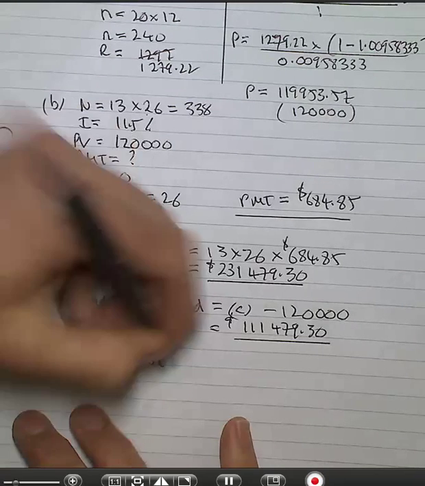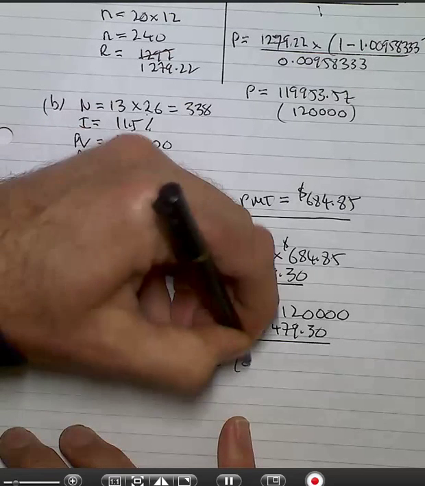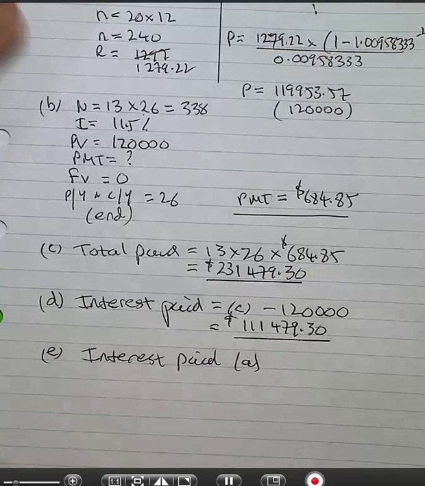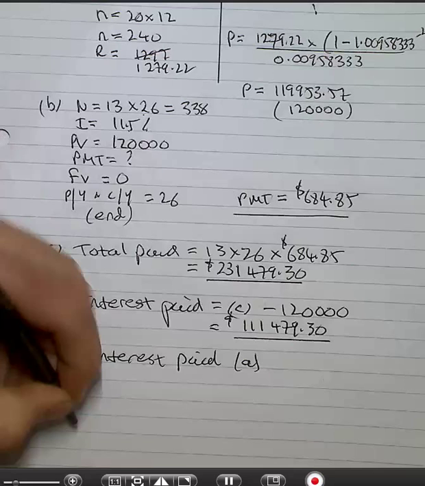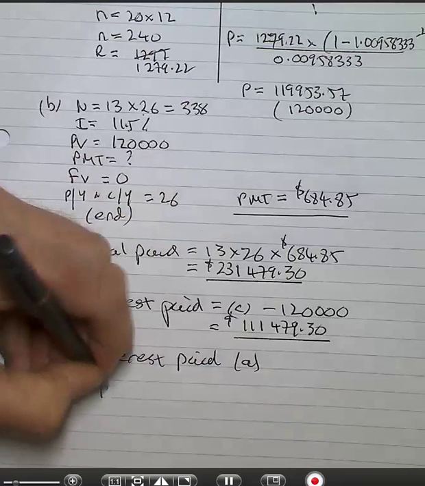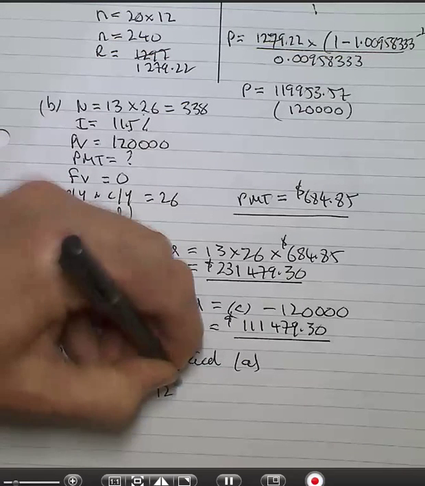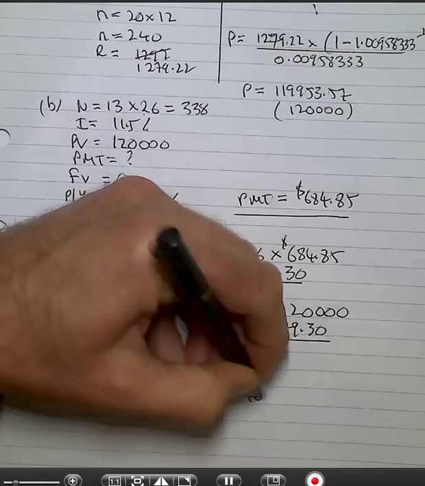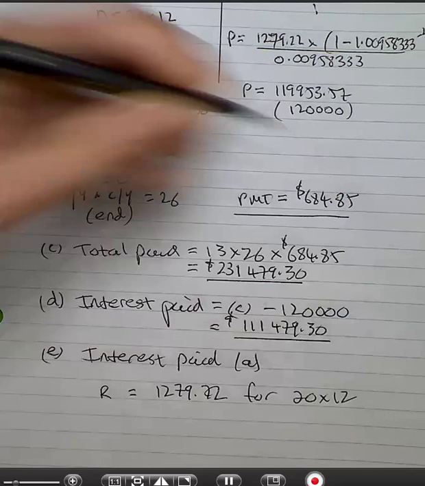So the interest paid, if it accepted the conditions of A, that's the repayment of 1279.72 for 20 lots of 12 months.